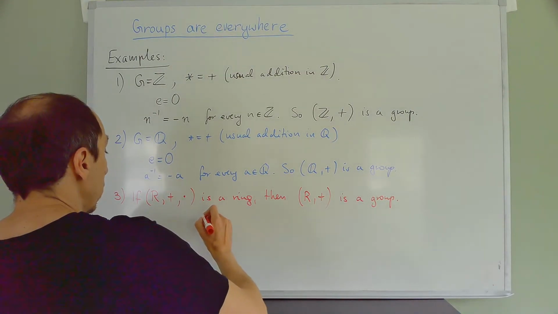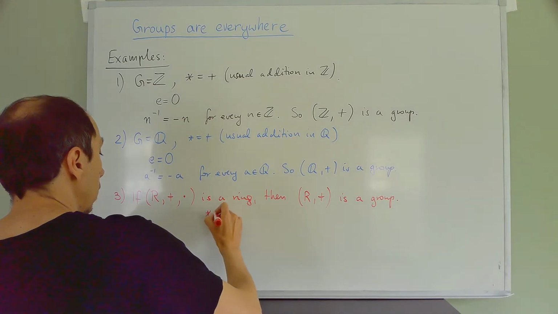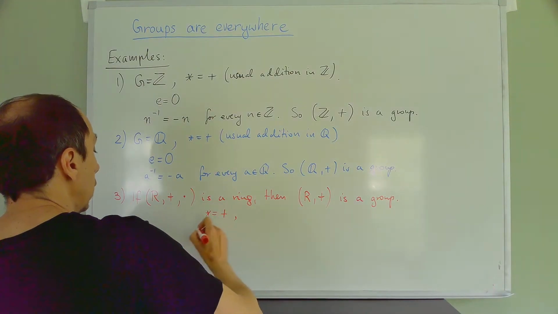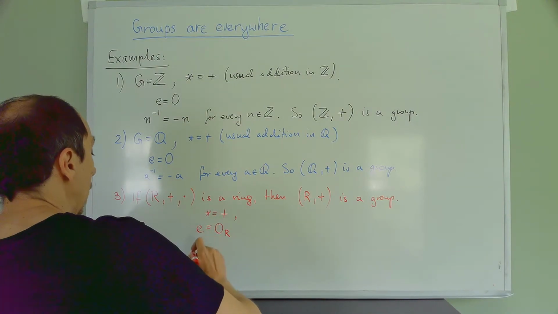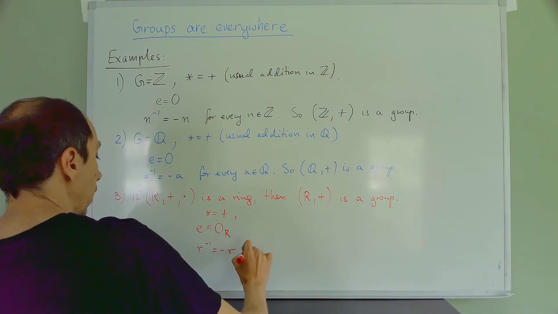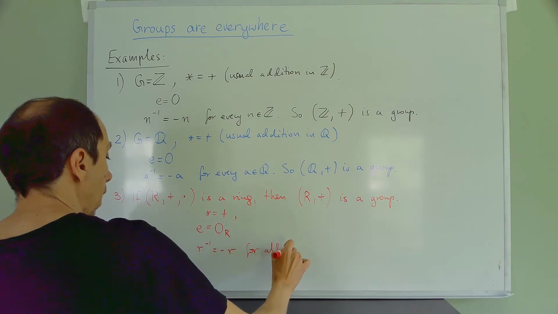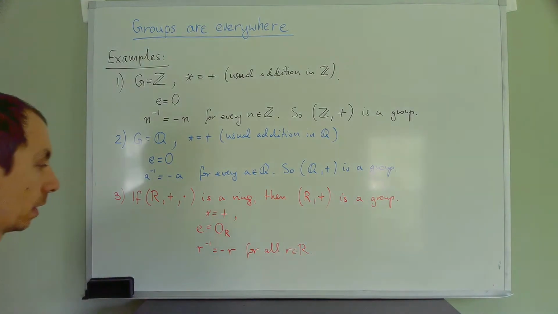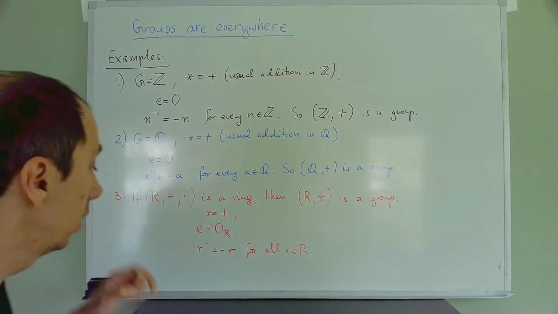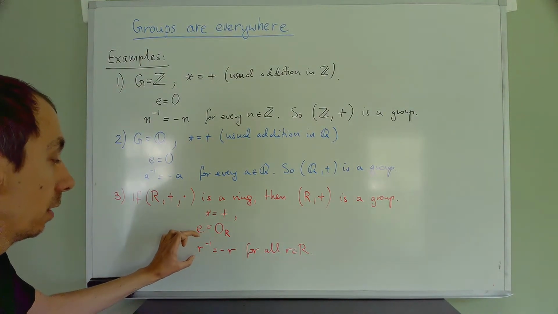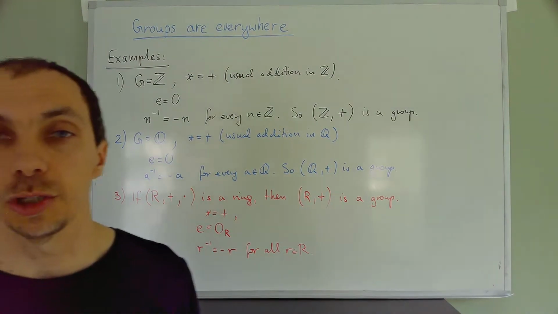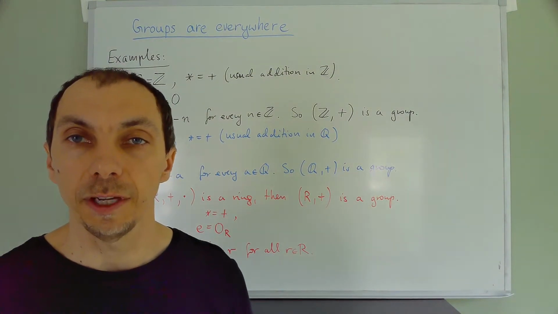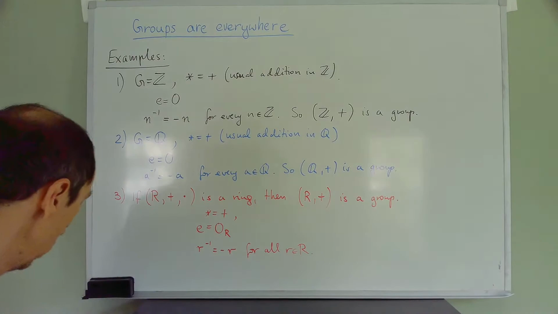So star is addition. The identity is 0 in R, and the inverse is just the negative. Again, this for the moment does not mean the multiplicative inverse. This just means the inverse in the group, under the operation, which in this case is addition. So you now have infinitely many examples of groups.